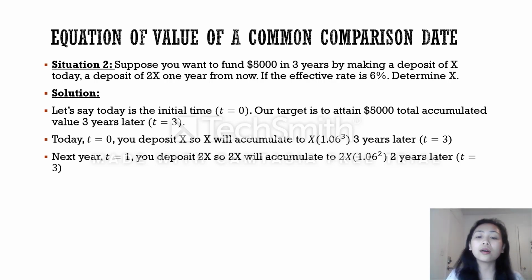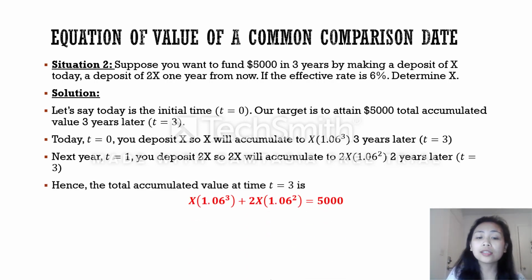Now we expect to have $5,000 at time t equals 3. That means the accumulated value of all deposits that we have made should be the same as $5,000 at time 3.